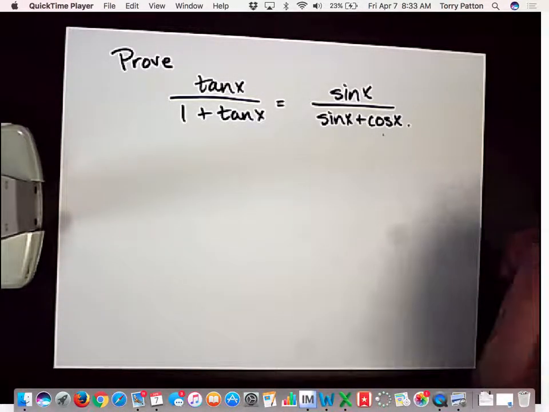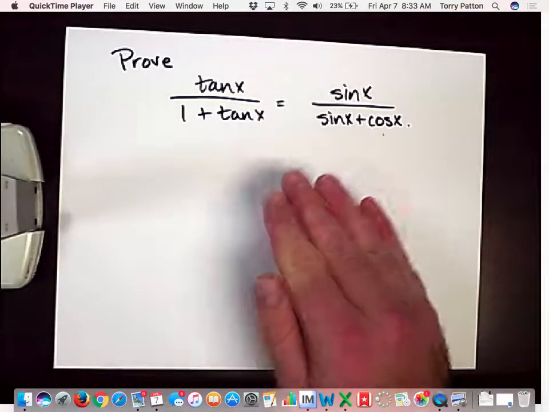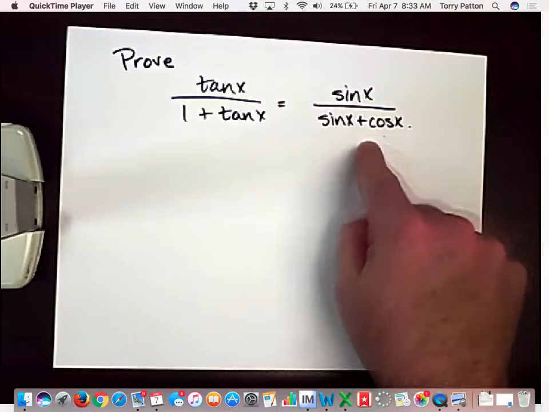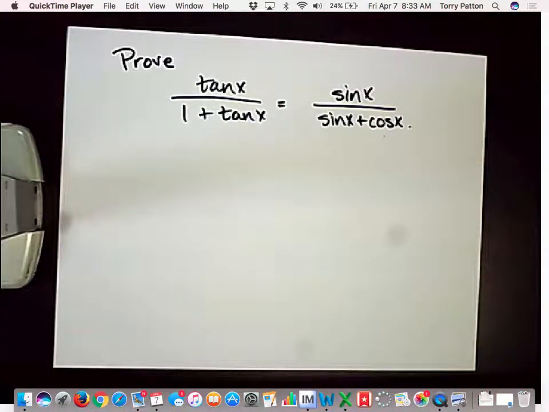So what this section would have said is simplify that, and you would have had to come up with this. Now it's just going to say prove this.